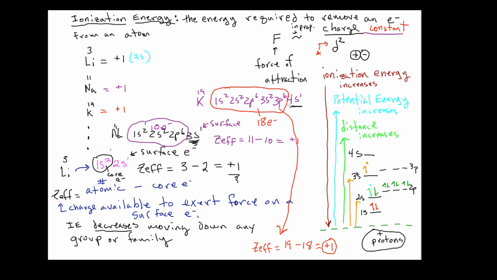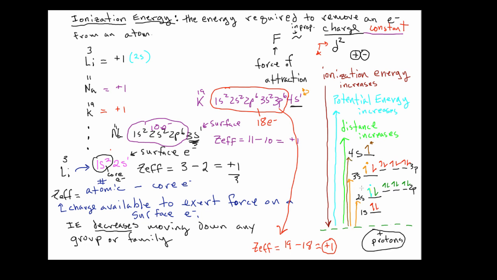If we look at potassium, look, here is the surface electron for potassium. So if I'm going to put in potassium's electrons, I'll change my color again. This is what it's going to look like. And its surface electron is here. And look at the distance difference.